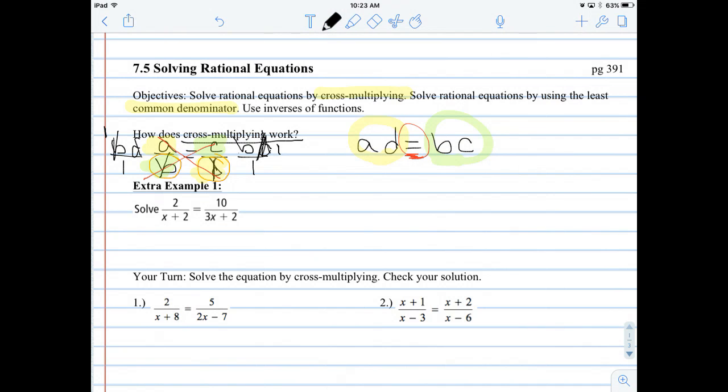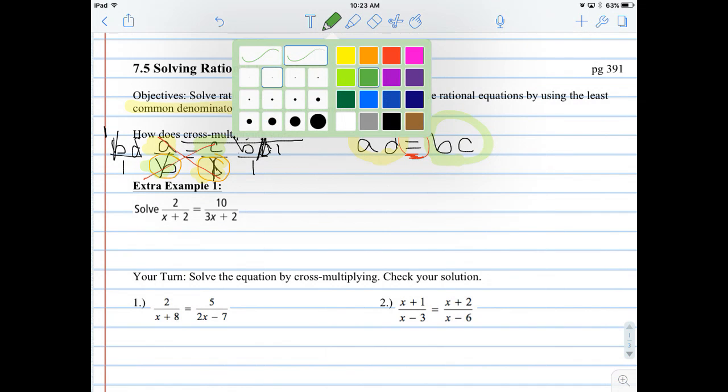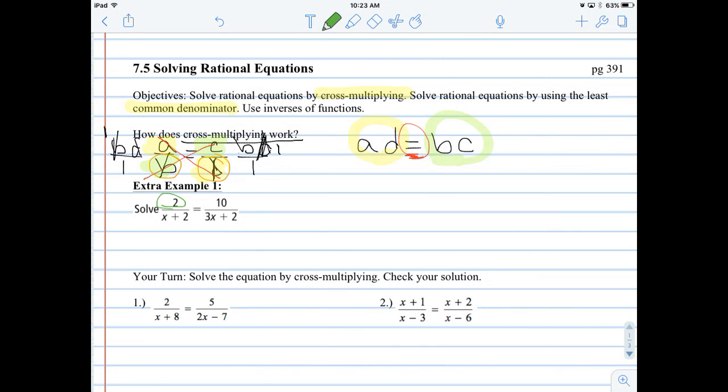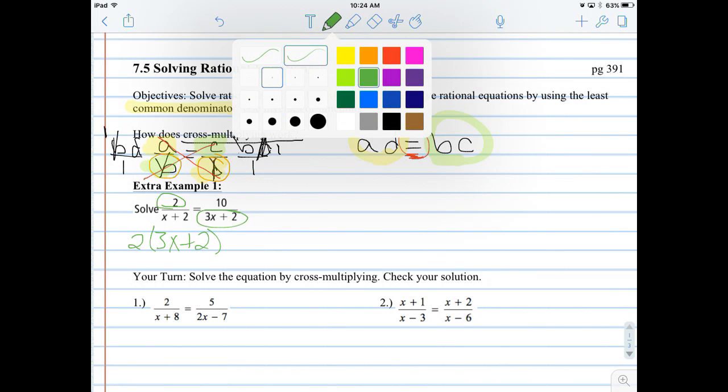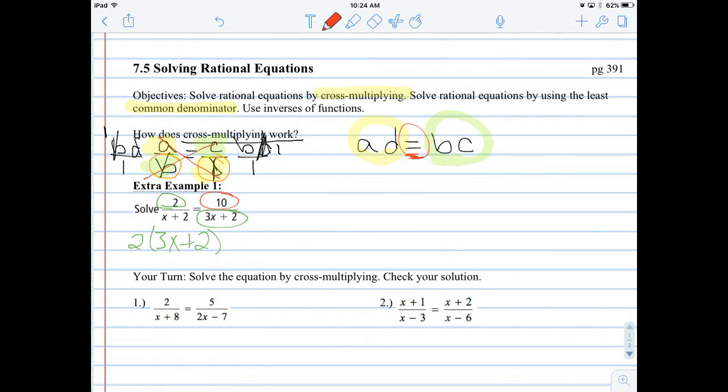So here I can take the 2 times the 3x plus 2. So we'll take 2 times 3x plus 2, again times that whole thing. And then we would take the 10 times the x plus 2.